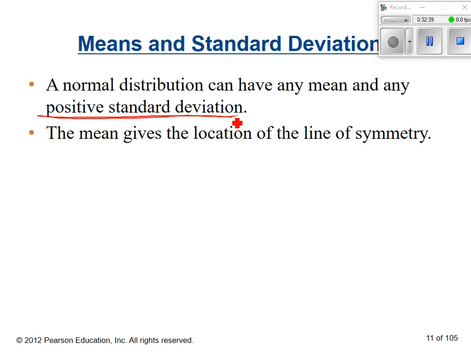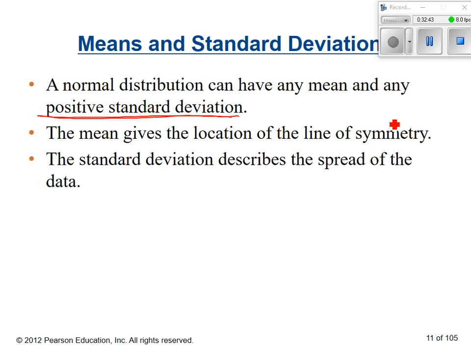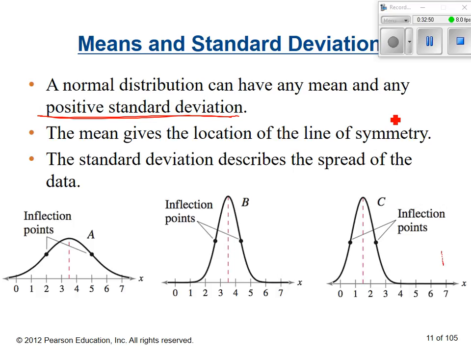The mean gives the location of the line of symmetry. Standard deviation describes the spread of the data, how it's spread out. So these are the different ways that it could look. We look at all this. What's the mean of this first one? 3.5. What's the mean of this one? 3.5. They're the same mean.